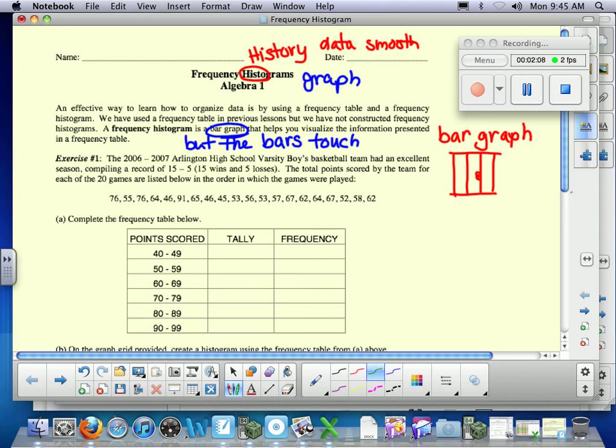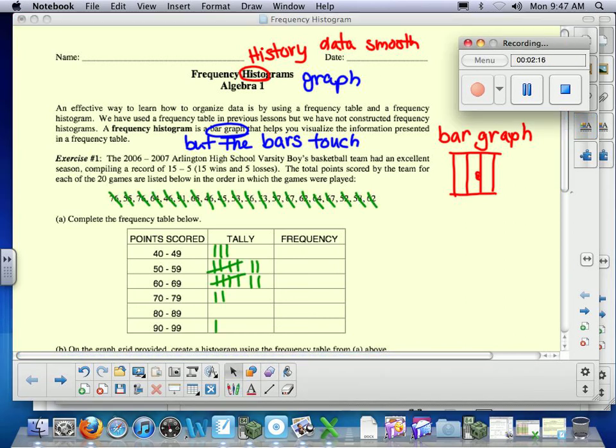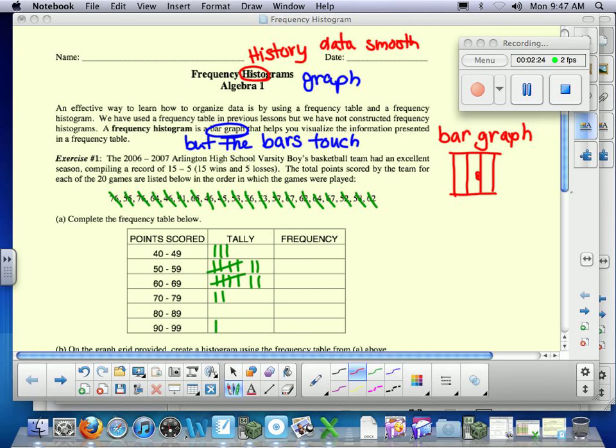So let's go through, you can go through and fill in your tally, and we'll come back and check and make sure those are matched. So your tally mark should look something like this. If you notice that you have, for example, duplicates, like the 53s here, you will record them both in your tally, because we're counting up how many of those happened.